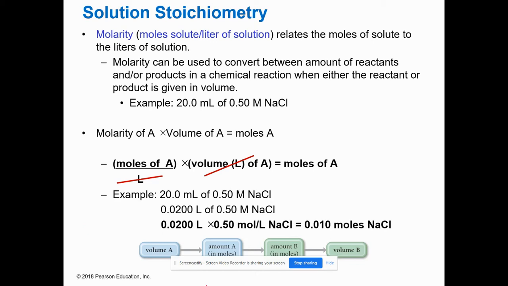So we're going to focus on taking the volume of something, converting it to moles of one thing, and then to moles of another, and to volume of another, or that same thing. And we're going to do that using our balanced equation.